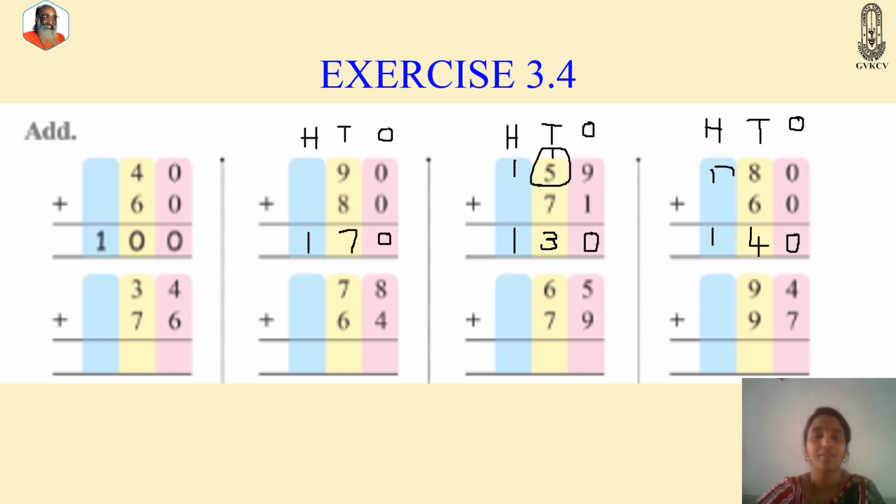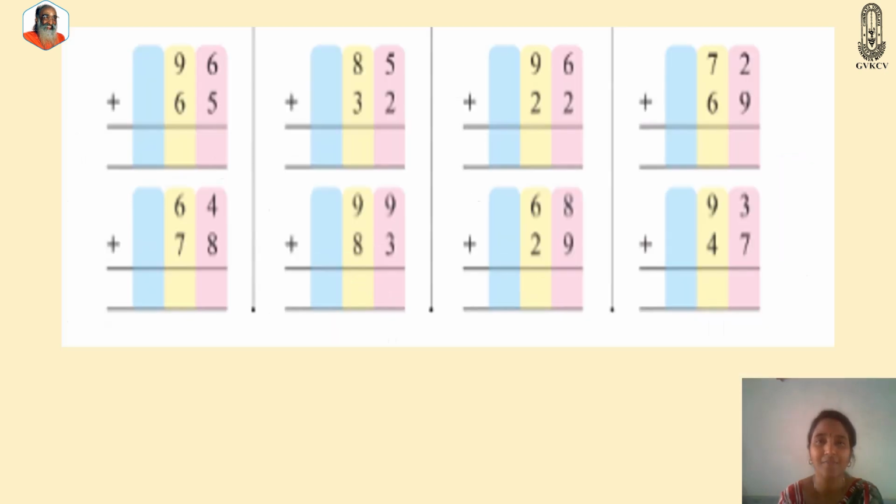Now the first row I have done for you. You practice the remaining second row of sums. These are also for your practice. Those who have books can write in the textbook itself. Those who do not have, I request parents to please write down the questions for your wards so that they will be solving the problems.